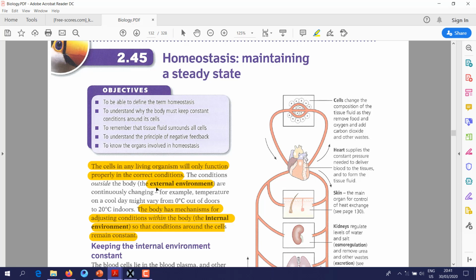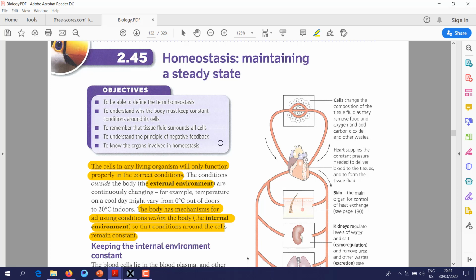We have the external environment and the internal environment. Any change that happens to the internal and external environment will affect the body. So for our cells to function properly, the body should balance the internal and external factors.